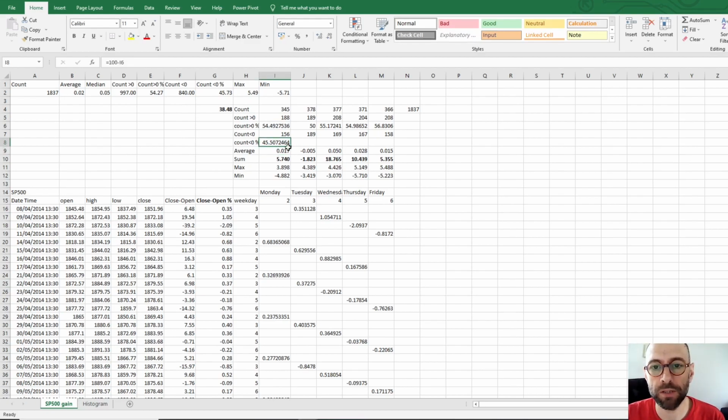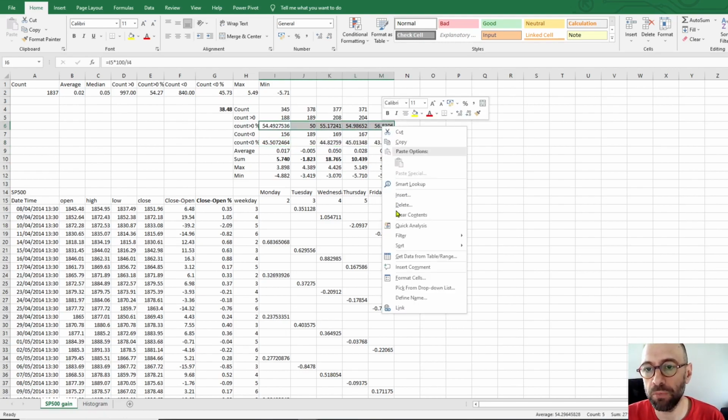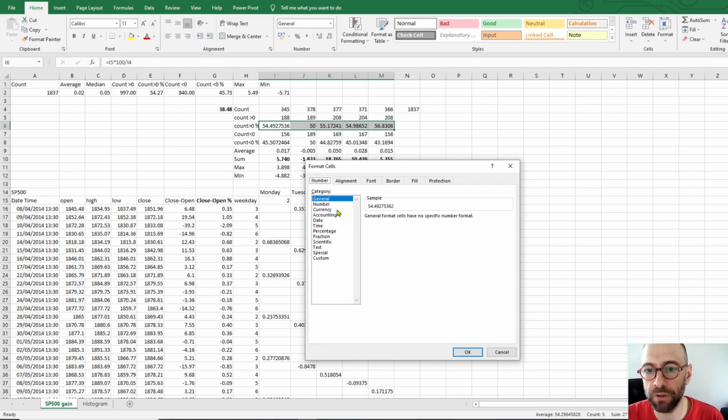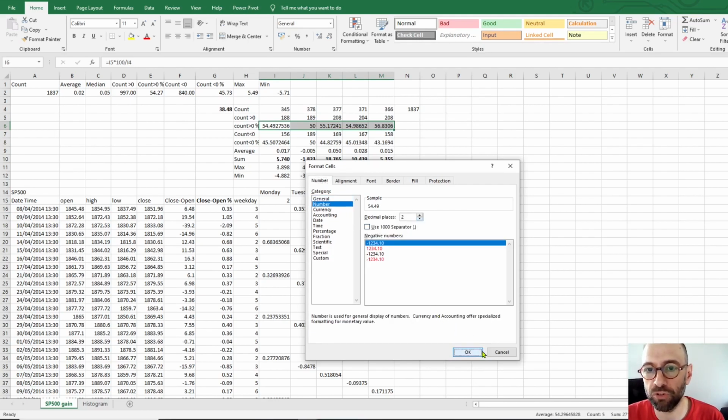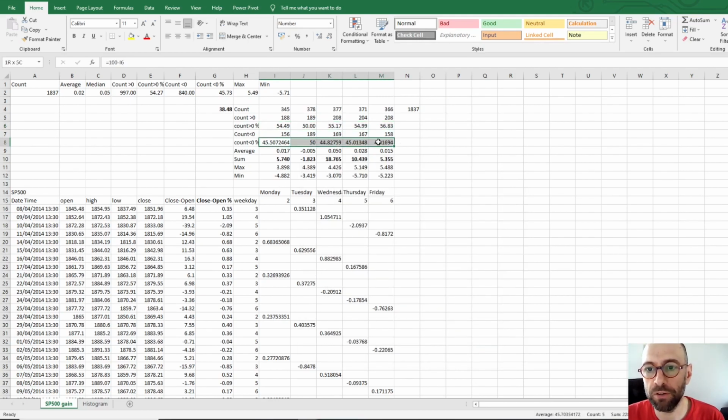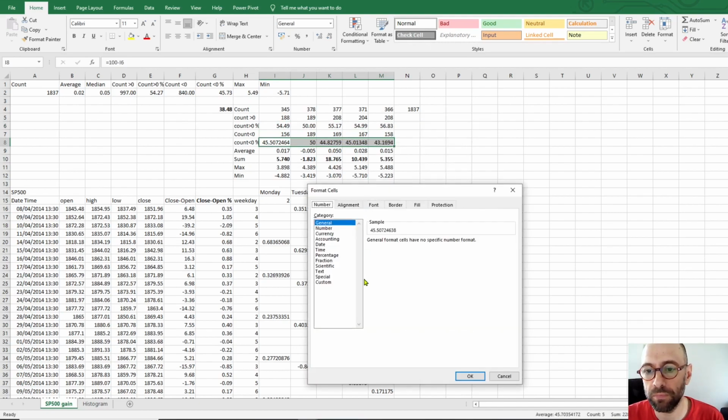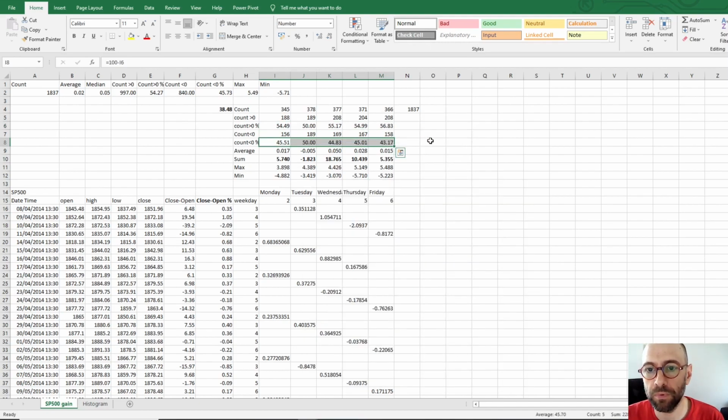So, okay, let's have the percentage values for the remaining and perhaps reduce the number of decimal places here, it's a bit unnecessary. Okay, so does anything stand out? Not particularly. The Tuesday is still a bit of an outlier here.